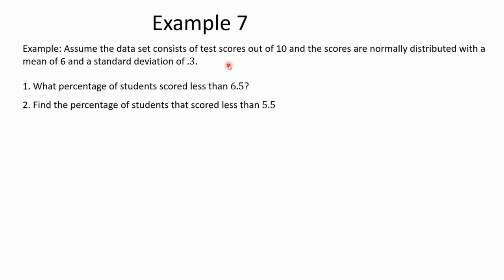Now we want to know what percentage of students scored less than 6.5 and what percentage scored less than 5.5. In other words, what percentage of test scores are less than 6.5 and less than 5.5. That's what we're looking for.